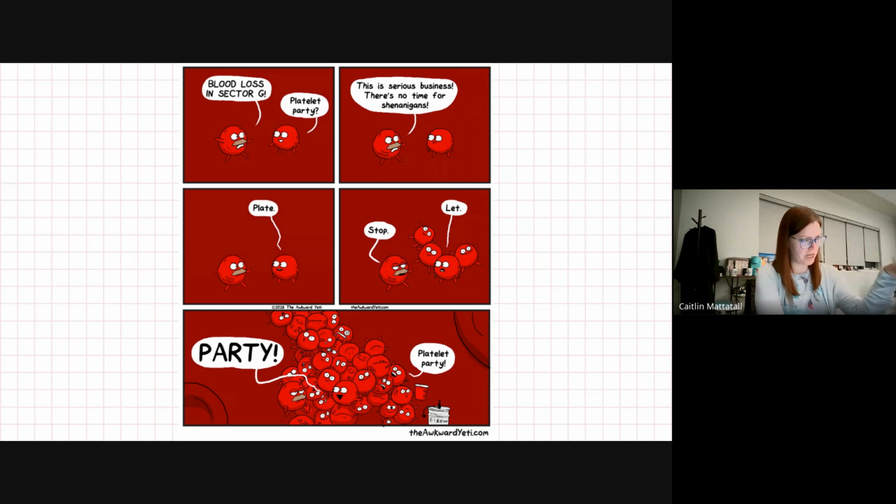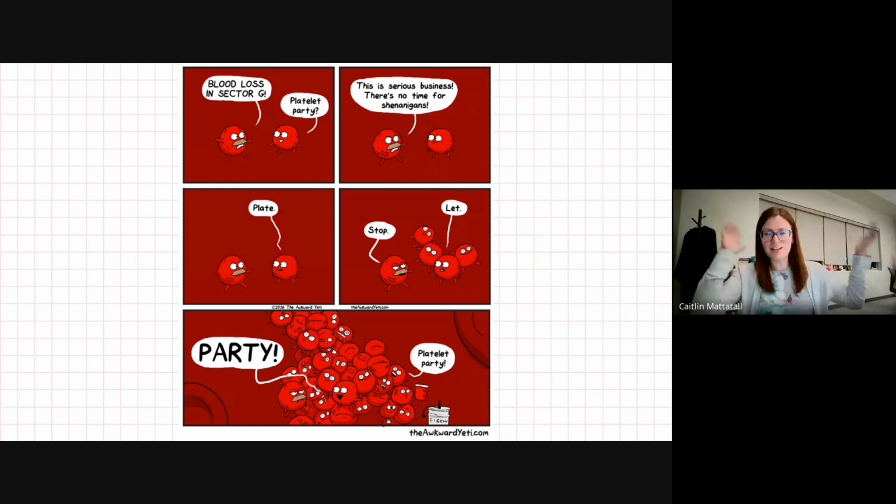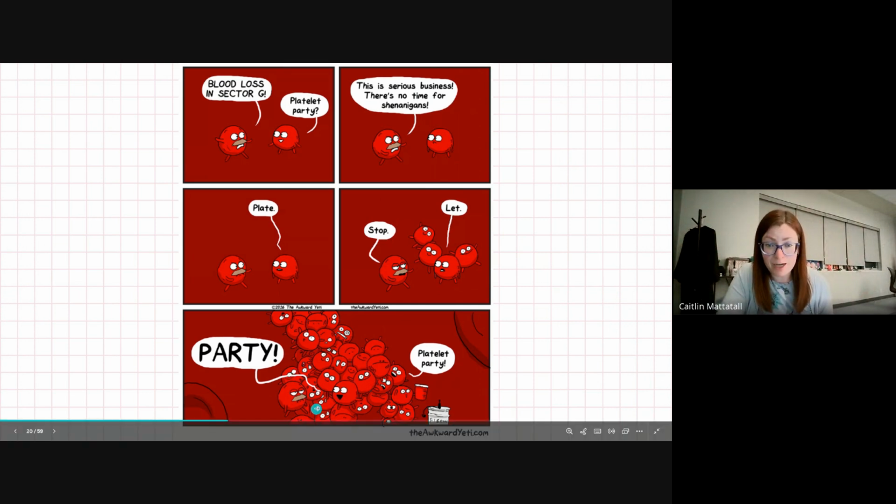It's no time for shenanigans. And they're just thinking it's the best time ever. My favorite part is just how unimpressed our poor little mustache platelet looks. And in the corner, there is a little canister of fibrin that is trying to hold the party together.